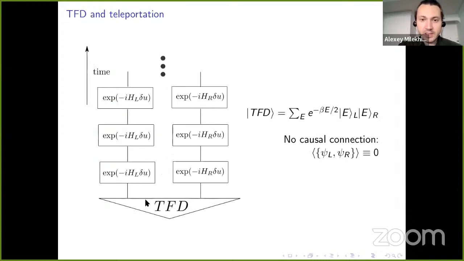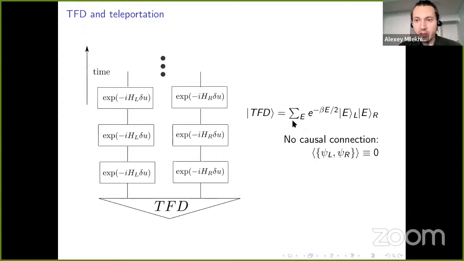So this is very similar to the story of Alice and Bob having a maximally entangled state. But here I start in a slightly different state. So suppose Alice and Bob share some entangled quantum system, but it is not in a Bell state. It is what is called the thermofield double state. So I have some Hamiltonian H. I prepare two copies of my system, left copy and right copy, and I form the following state.